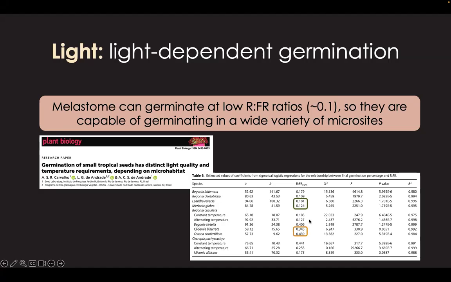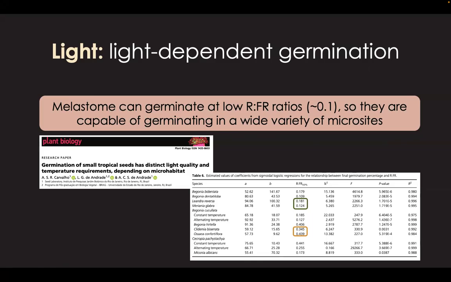But regarding light quality, you see that the species in the understory, the ones in the green square, need light, but the quality of light they need to germinate in the understory is not that high. They only need a small amount of red light.